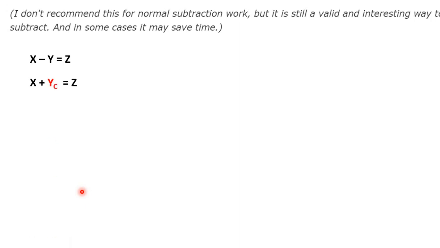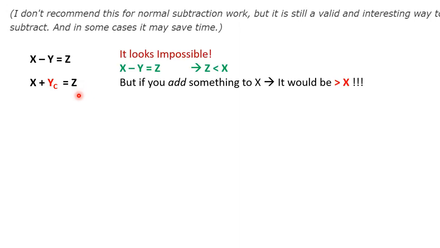Fine. But we demand that instead of subtraction, we will be doing some addition to the same x to get the same result z. So it looks a bit impossible, isn't it? Because if you subtract y from x to get z, that z must be less than x.